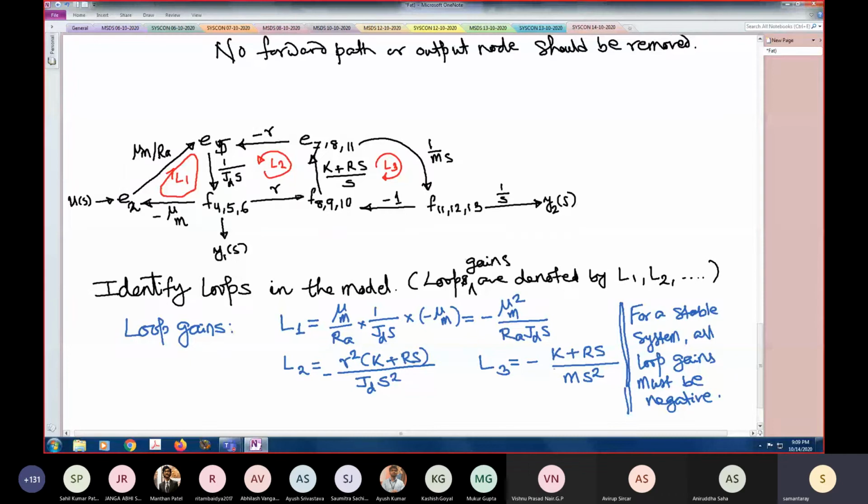Everything appears with a minus sign. If you do not get a minus sign, something is wrong. So what are the key points? All transformer moduli will be squared in loop gain. All gyrator moduli will be squared in loop gain. All loop gains will be negative. For any normal stable system, there is no reason for the system to be unstable without feedback. So for any stable system, these things will be satisfied.